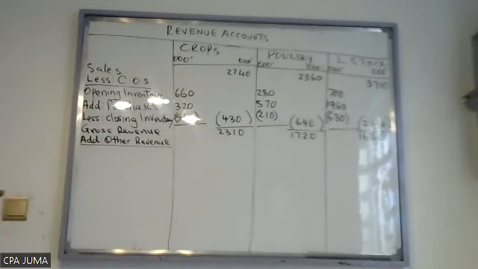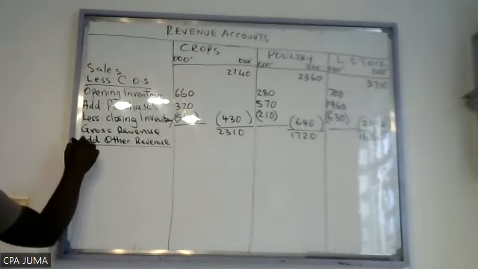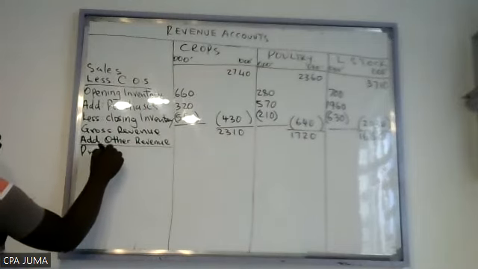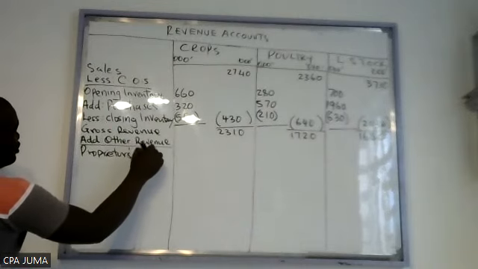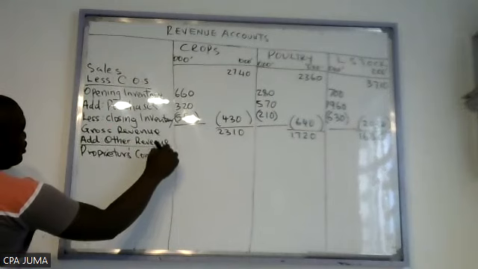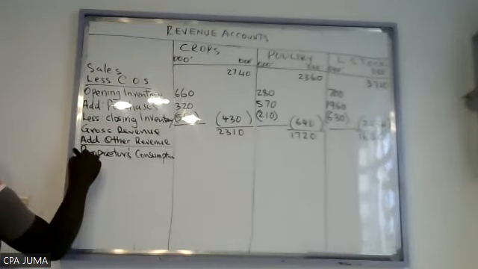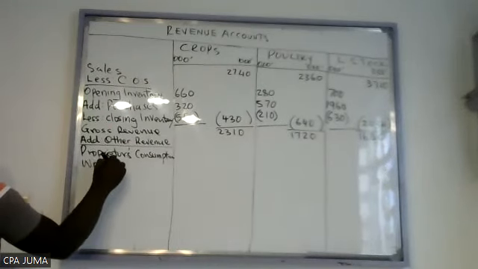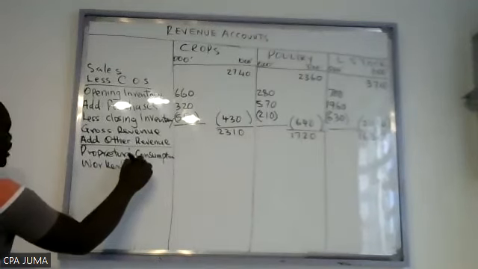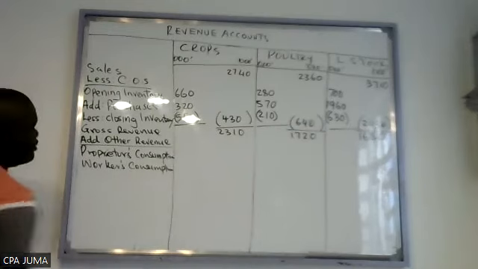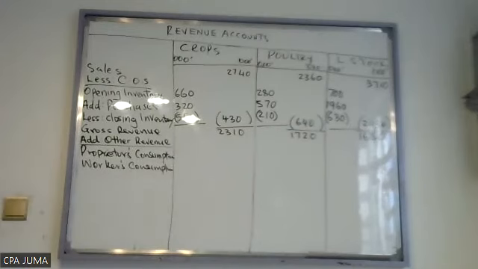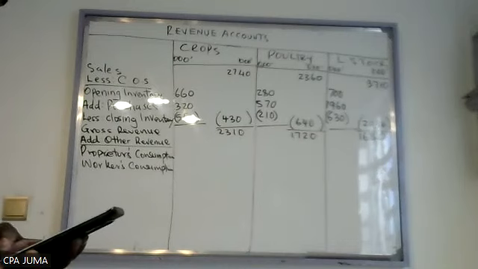There was proprietors consumption, and workers consumption. There were those two. So whatever they consume from the farm, you bring that one as revenue, then you will recover later.